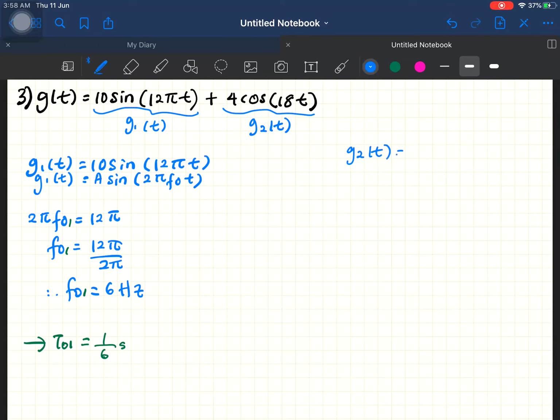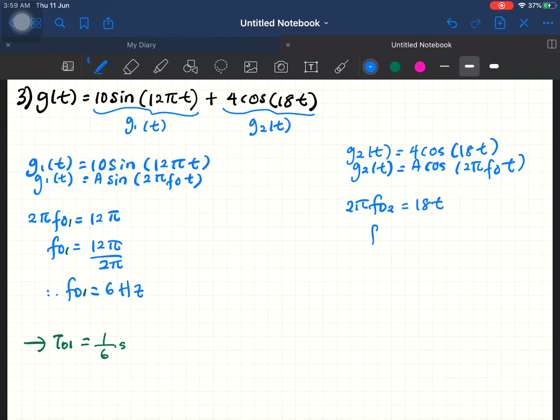For g2(t), you have 4 cos 18t. Okay, again you write the general function, A cosine 2 pi f0 t. Okay, so 2 pi f0, let's call this f02, equals 18.